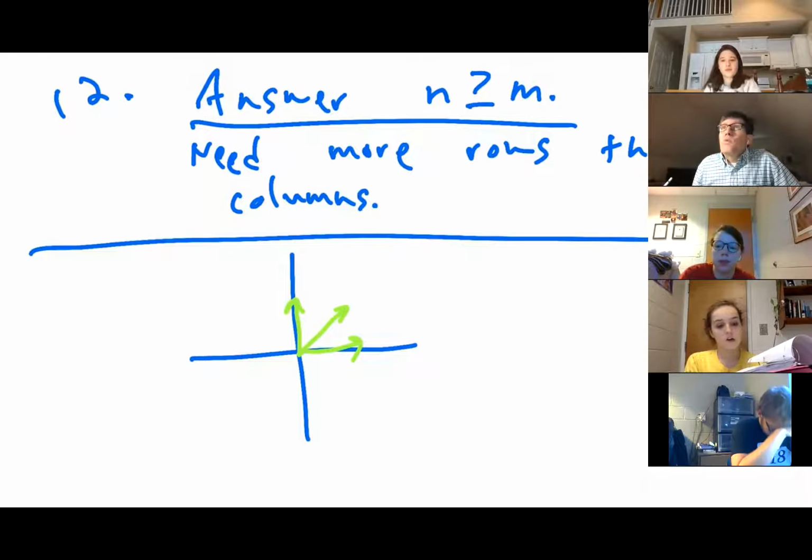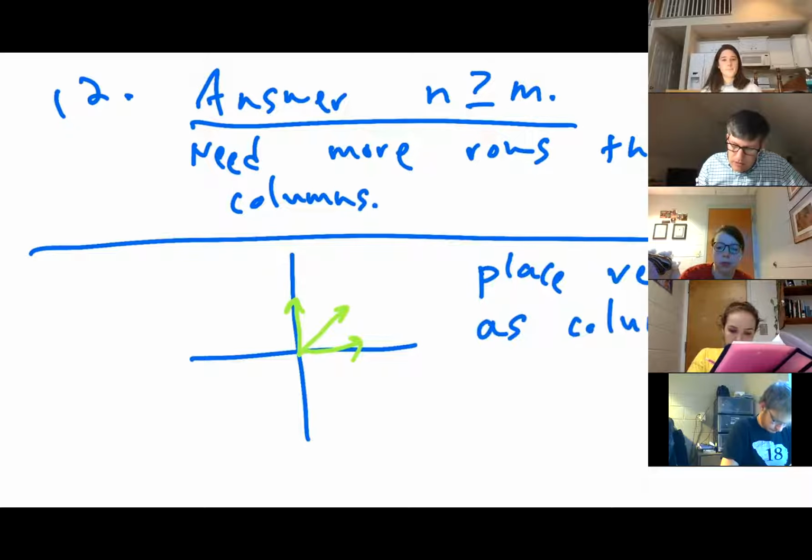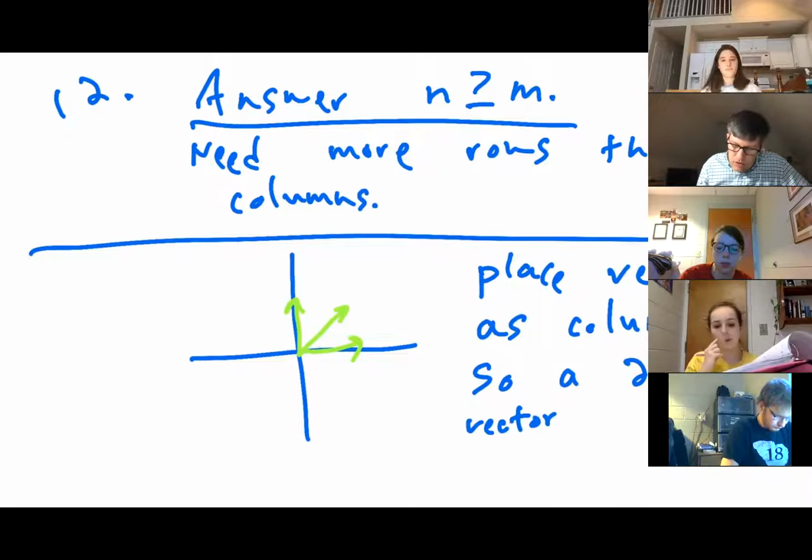Yeah, it's weird. And I will say, the M and the N always confuse me. Which one is M and which one is N? The way that I think about it is I place vectors as columns. So a 2D vector will mean the matrix has 2 rows.